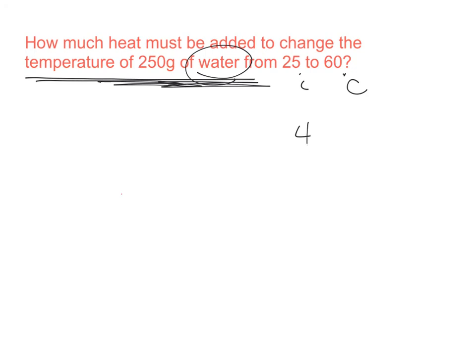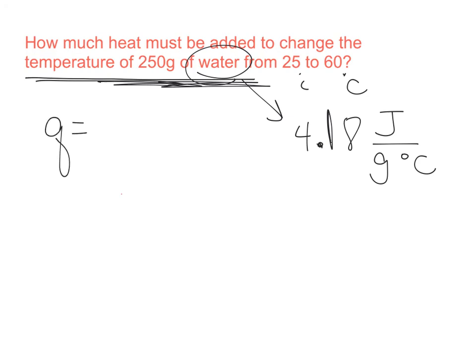But the temperature is just rising, so we're going to use the specific heat capacity of water, and this problem, I'm going to give that to you, because it would be given to you in a problem unless you were given everything else and asked to find that. The specific heat of water is 4.18 joules per gram degree Celsius. Our equation is what we use because it's asking for how much heat must be added to raise, and you have a temperature change. When it asks for heat of a substance and there's a temperature change, you use MCAT.